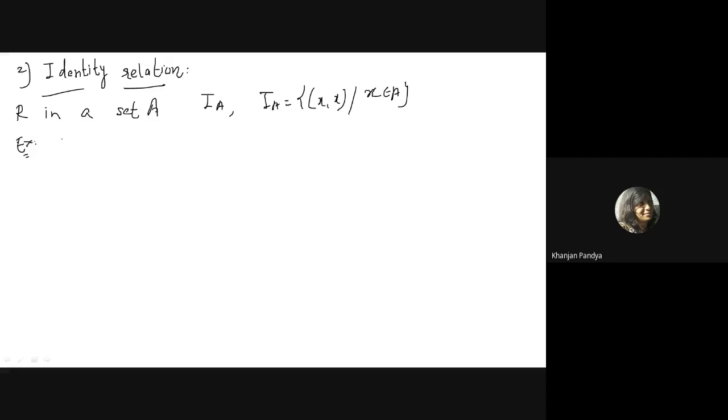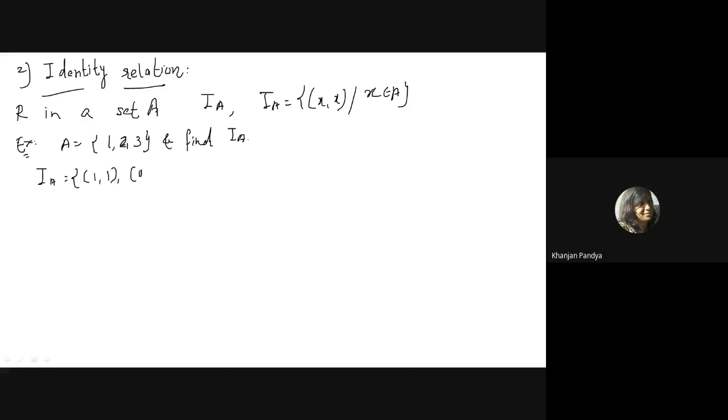For example, if I am having A equal to {1, 2, 3}, and I have to find I_A, then what would be the members of I_A? Yes, anyone? You can unmute yourself and give the answer. If I'm having 1, then I'll be getting image 1.